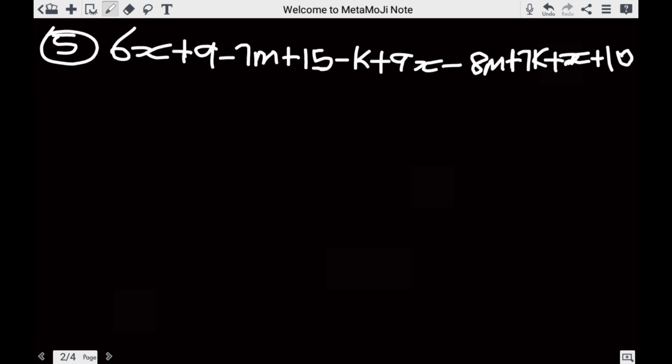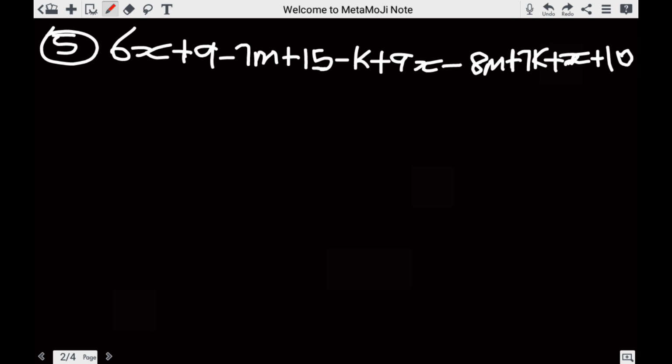The first thing that we need to do is to group those like terms. You can see that 6s is a like term with plus 9s, also with s.